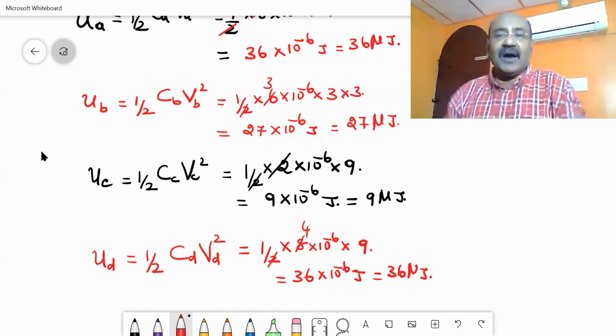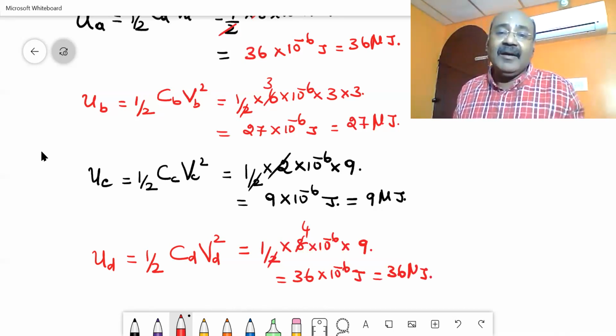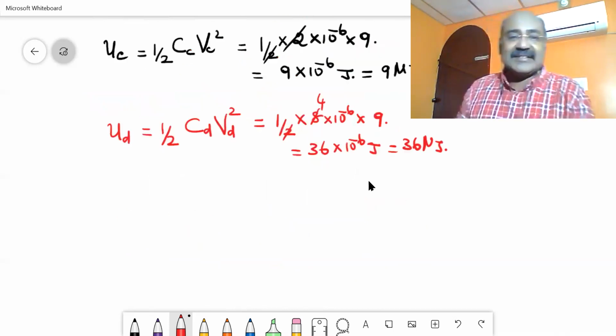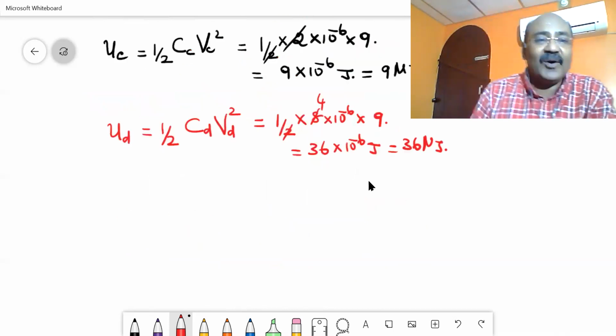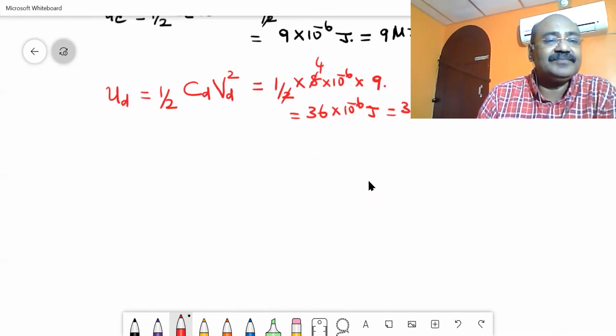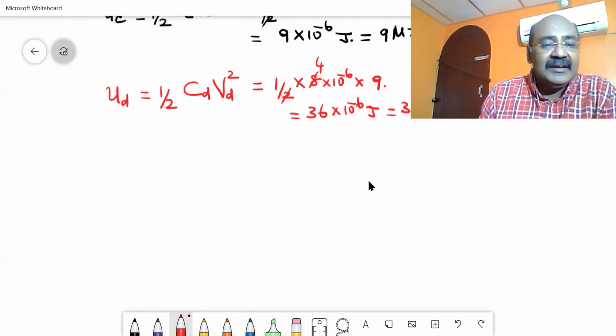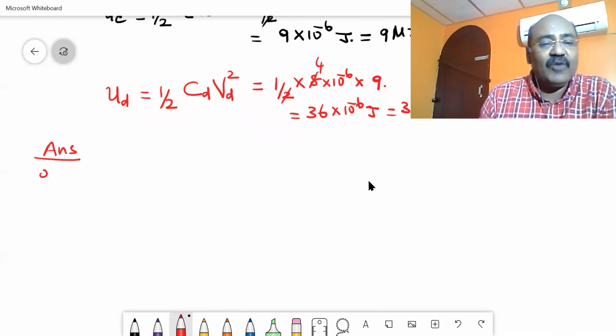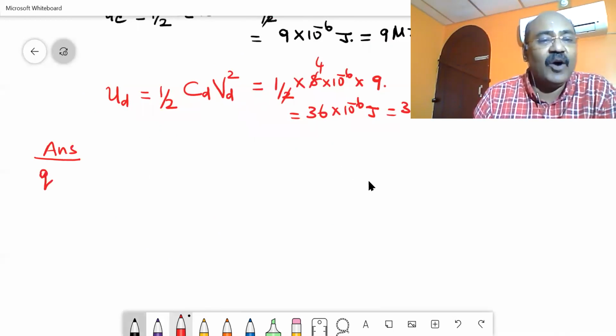So when you are summarizing all, what are the things asked? One is the charge, another one is the potential, and another one is the energy. So let us summarize what answers we have got. First of all, we have considered the value of A for the charge.